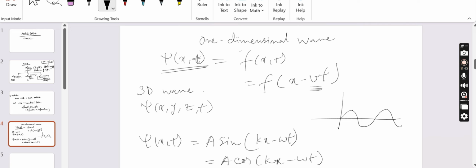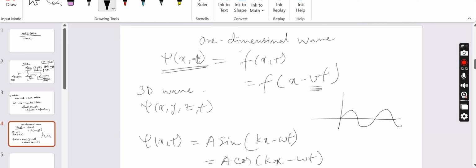That actually doesn't affect very much, but when you follow a convention you need to stick to it. You cannot change the convention in between any calculation or number of calculations. That's the key thing.